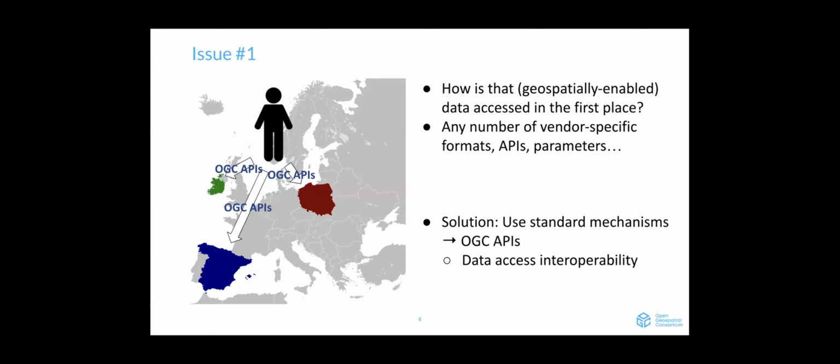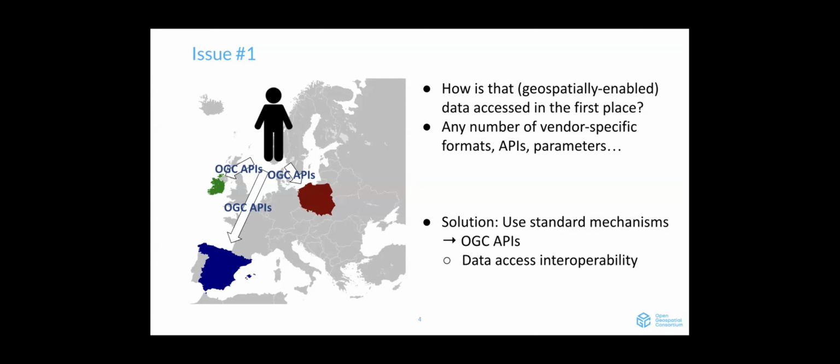The OGC publishes different types of APIs depending on the type of data that is being served or retrieved in this case. We can have APIs that allow users to access data on specific observations.